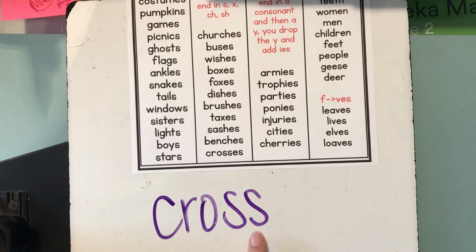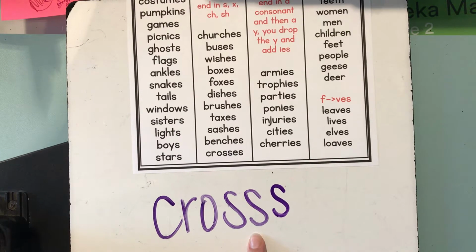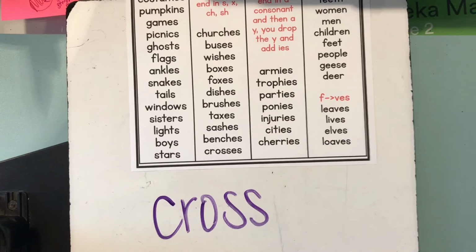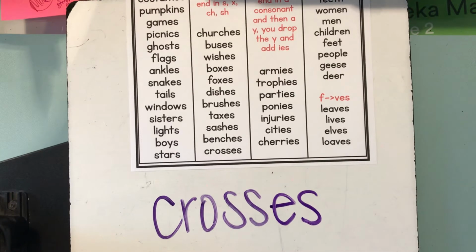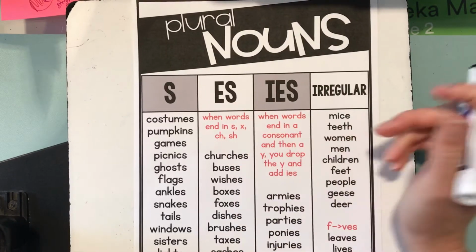If it ends in an S, it would look funny if I just added another S, right? That would look really funny. So the rule is when a word ends in an S and I have to make it plural, I add ES. So that looks better, right? Crosses. Okay, so that's the ES rule.